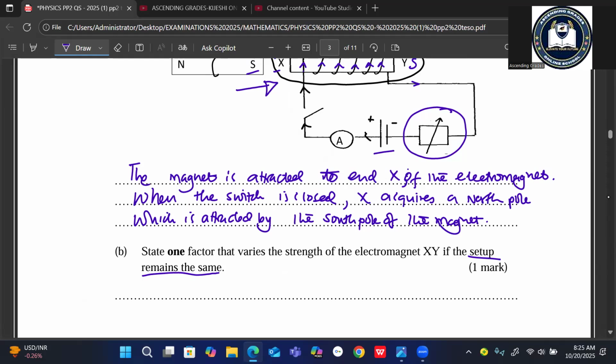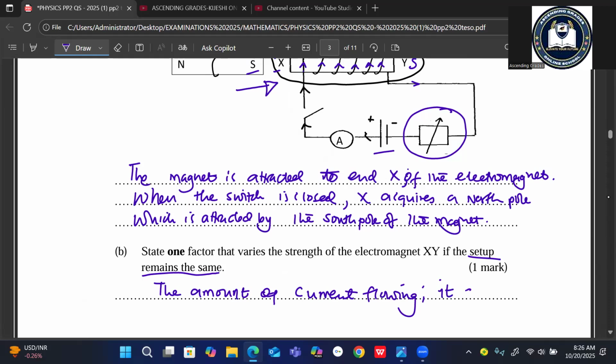Therefore, the factor that can vary the strength of the electromagnet is the amount of current flow. And why do we say this?